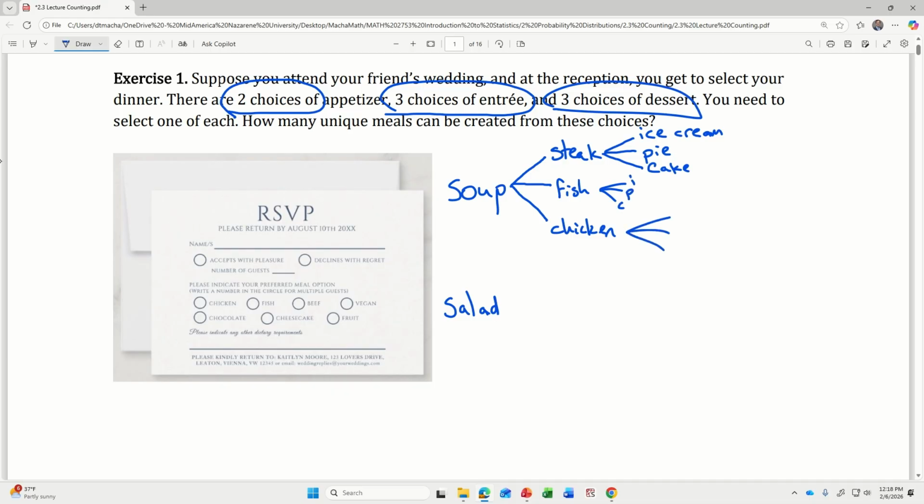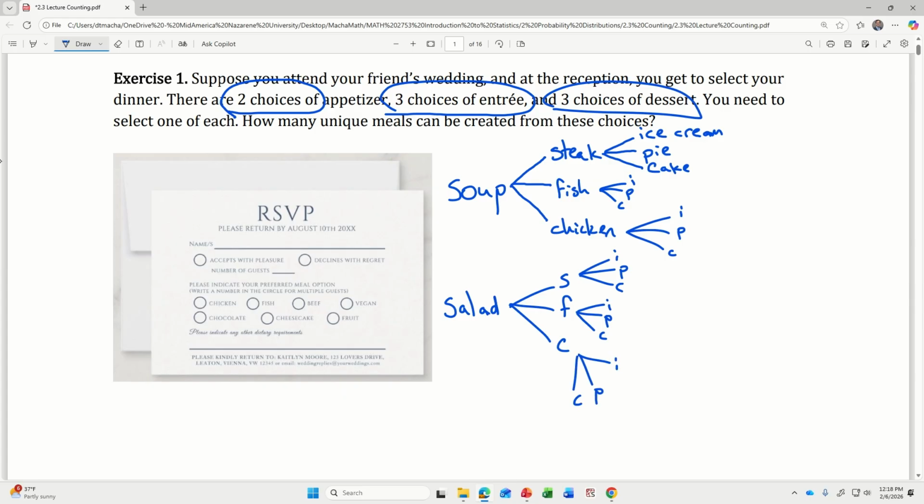I'd also have the same three choices if I chose soup and then chicken. In fact, if I started off with a salad, I would have then the choice of steak, fish, or chicken, and then for each of these choices, I still have the three choices of dessert.